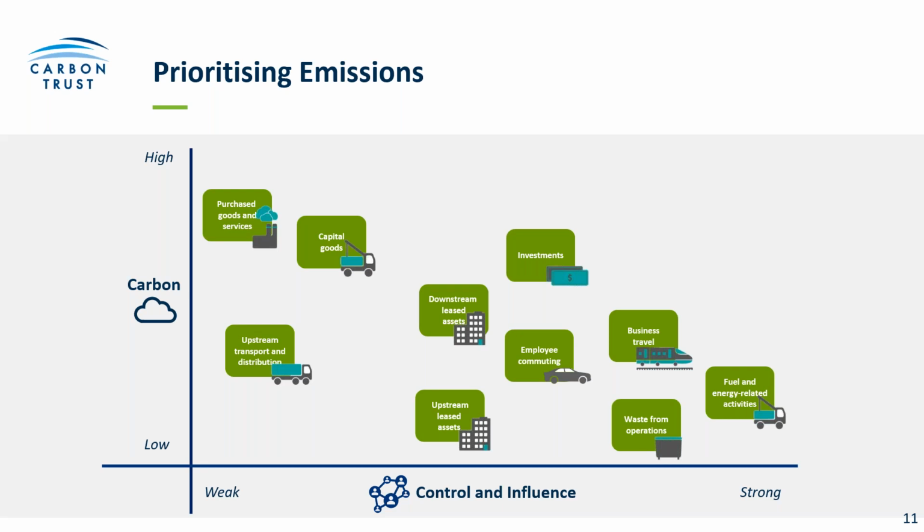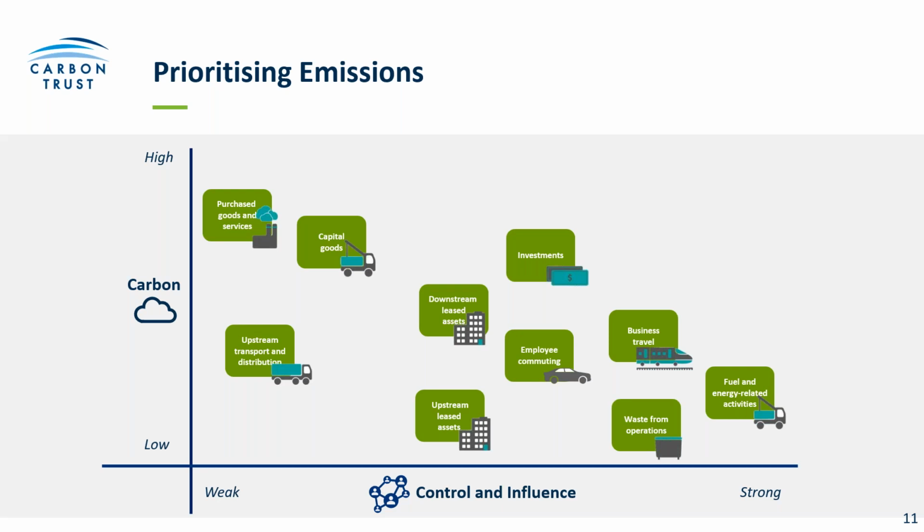What this slide shows is those previously mentioned emission sources relevant for public bodies, and an example exercise that we've done in terms of impact to those emissions against the organisation's ability to influence those emissions. And those are perhaps the two main factors that influence what emission sources you should prioritise for measurement and subsequent action.